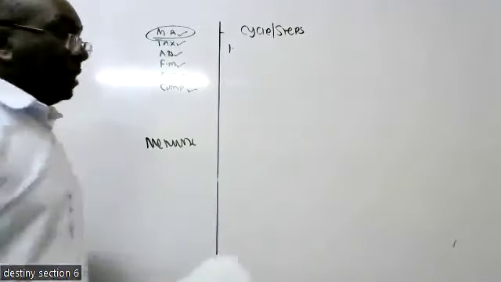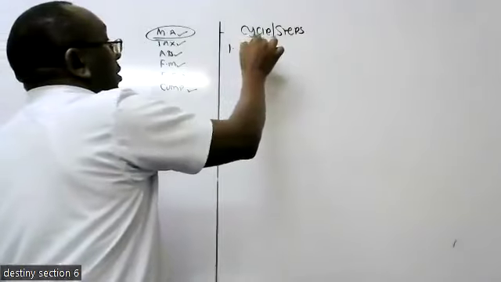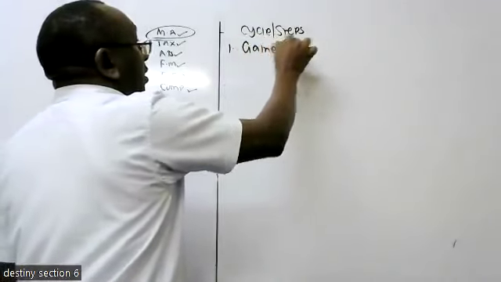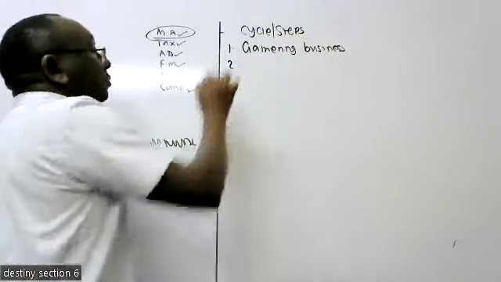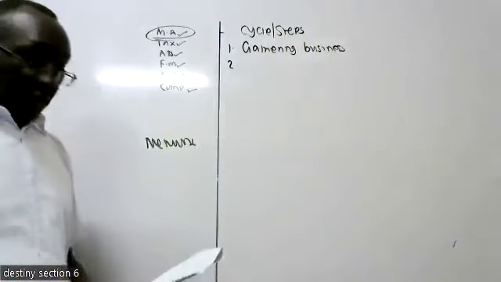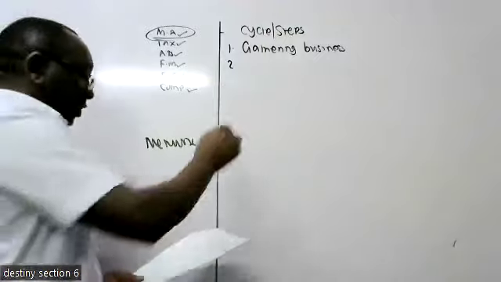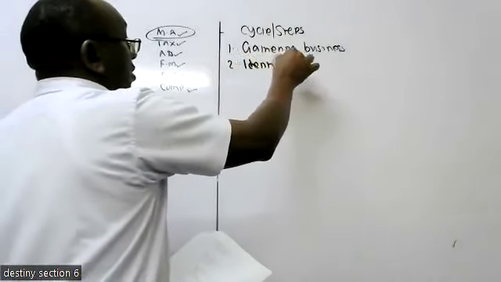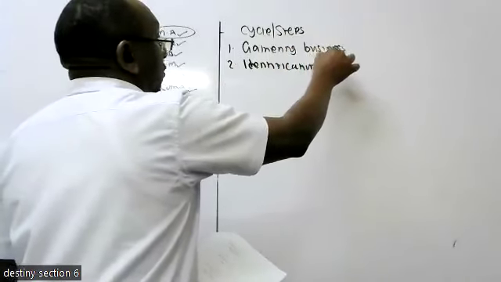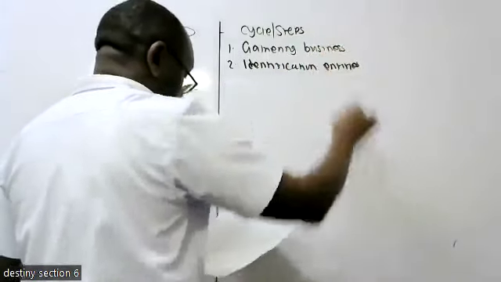gathering business requirements. Number 2, identification of entities.